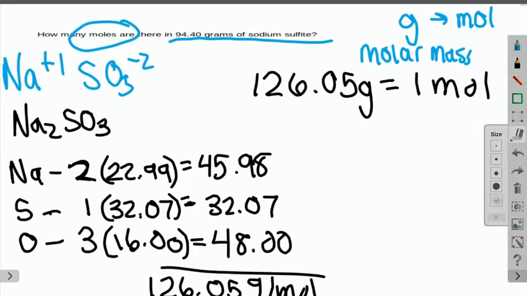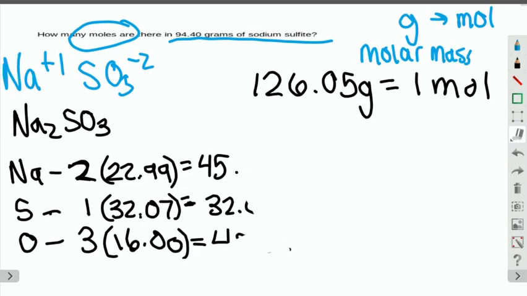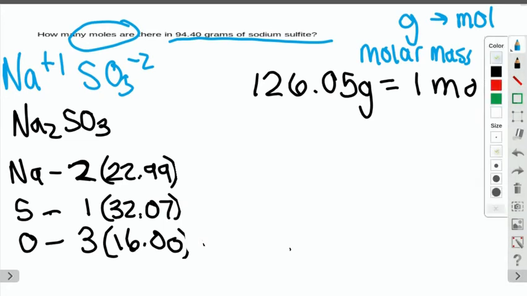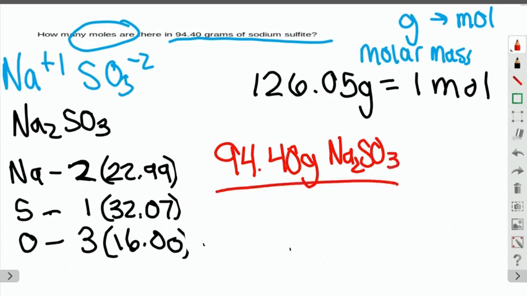I'm just going to clean this up a little bit so we have more space to do the conversion. So we are starting with 94.40 grams of sodium sulfite.